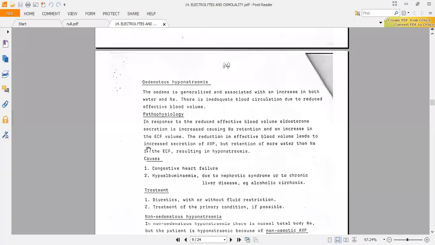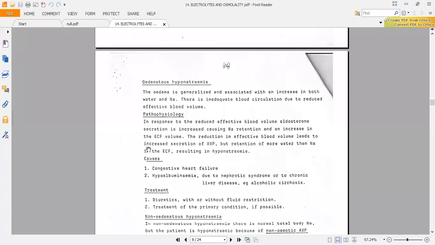Okay, so the causes of edematous hyponatremia are heart failure, and then any condition that will lead to hypoalbuminemia, okay, which is one, liver pathology, and two, someone with nephrotic syndrome, even someone with kwashiorkor, okay.